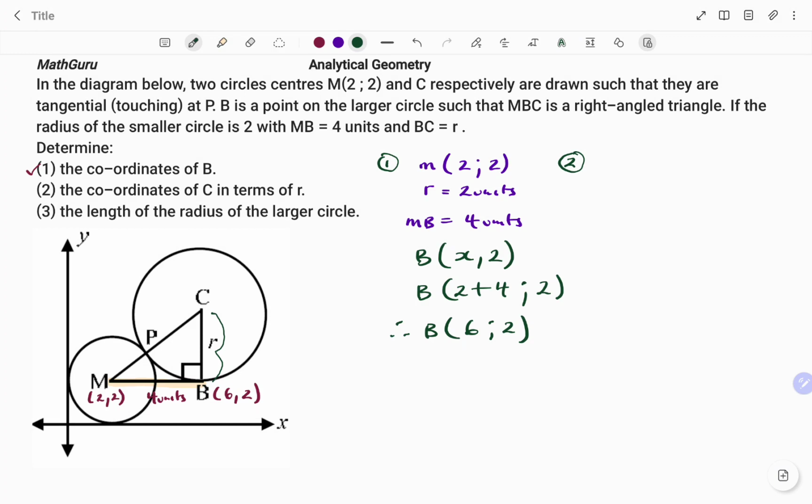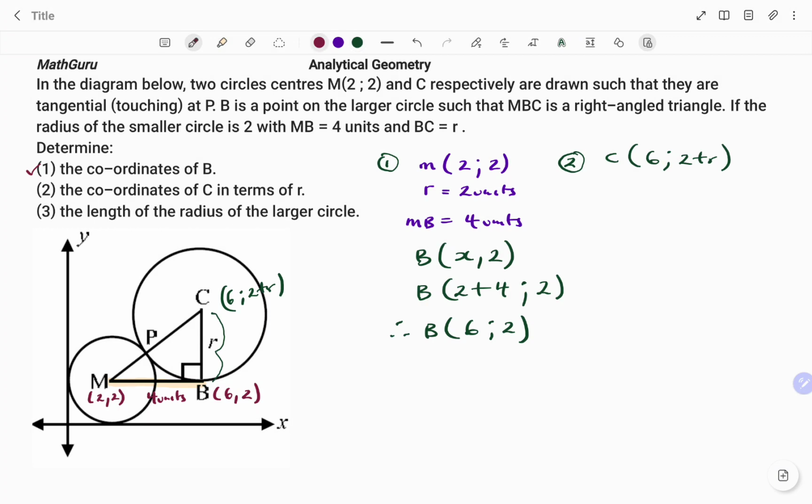We already have the y-coordinate of B as 2, so if I move upwards by R units, my y-coordinate will be 2 plus R. To find my x-coordinate, C is on the same vertical line as B, so it retains the x-coordinate of B, which is 6. So the coordinates of C are (6, 2 plus R) in terms of R.